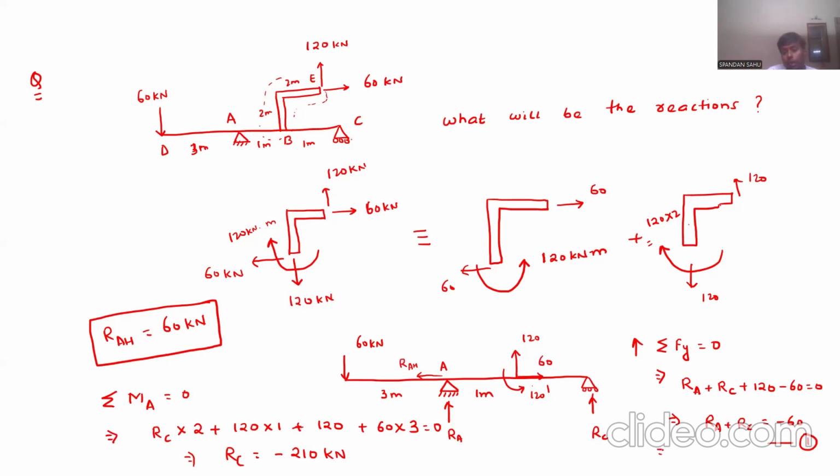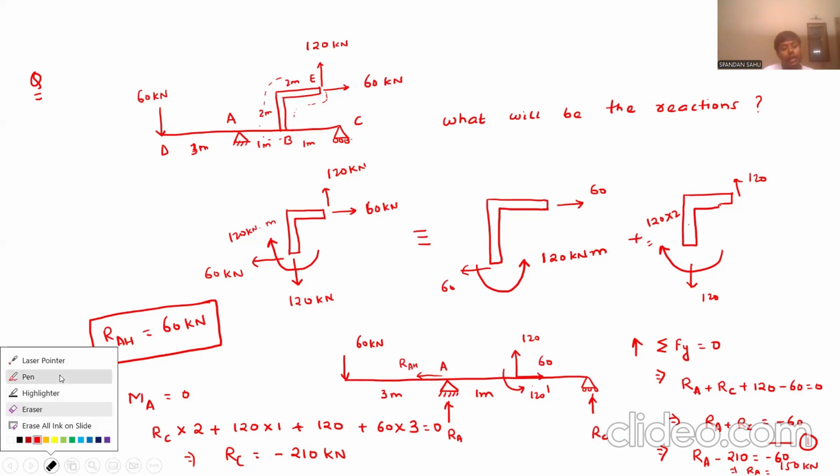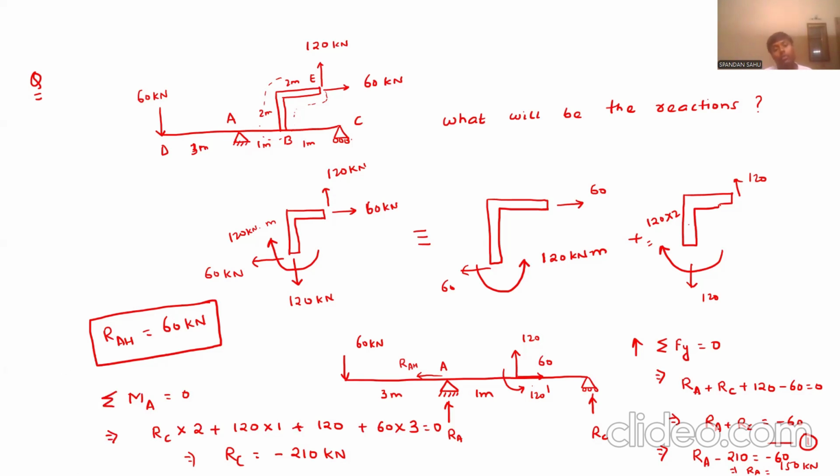So now substitute RC to be minus 210 in this equation 1, you will get RA. So what is the value of RA? Please let me know. RA will be 210 minus 60 is 150 kilonewton. So you are getting RA to be 150 kilonewton, RC to be minus 210 kilonewton upward or 210 kilonewton downward respectively. And horizontal reaction at A, RAH, you are getting to be 60 kilonewton.